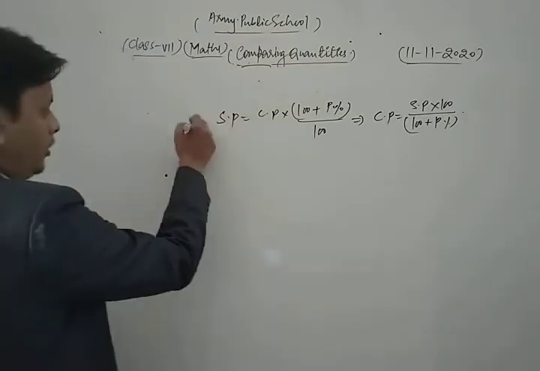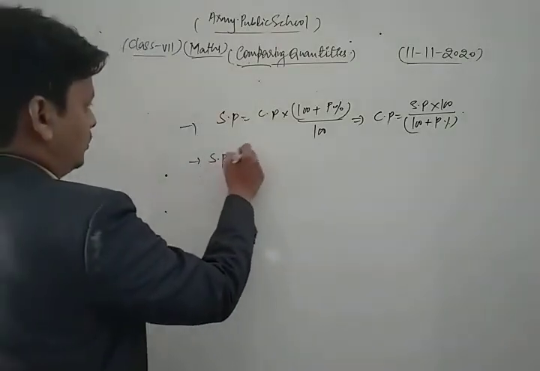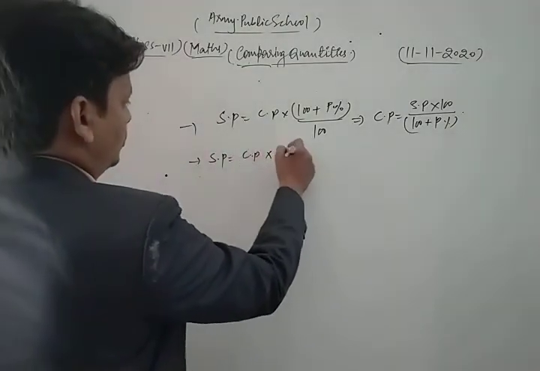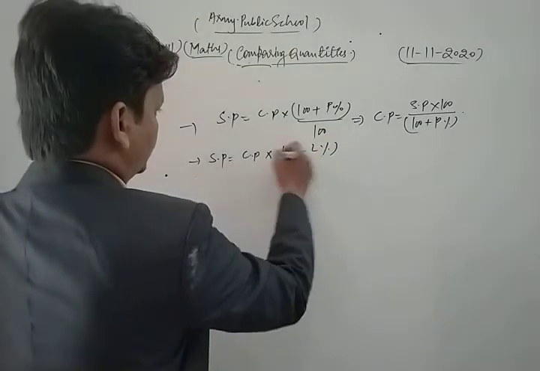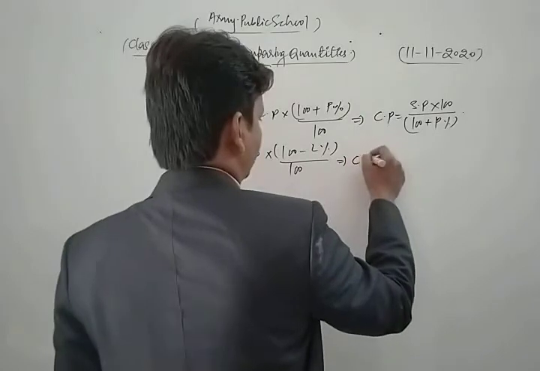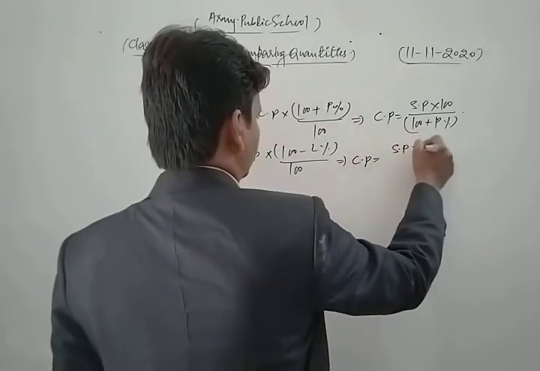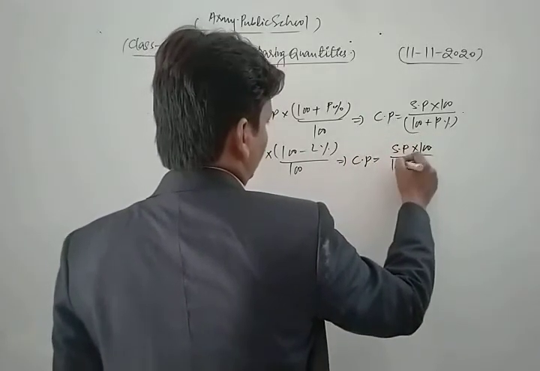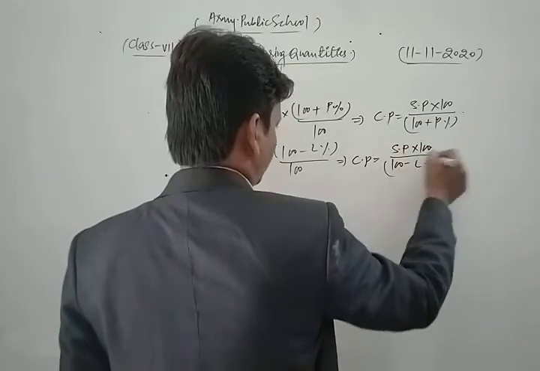The second important formula: selling price equals cost price into 100 minus loss percent upon 100. So the cost price will be selling price into 100 upon 100 minus loss percent.